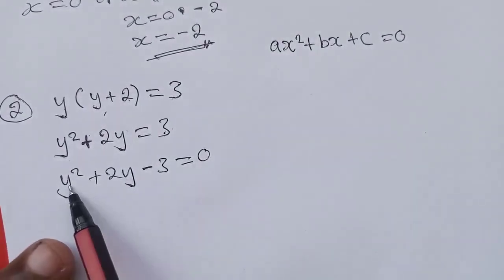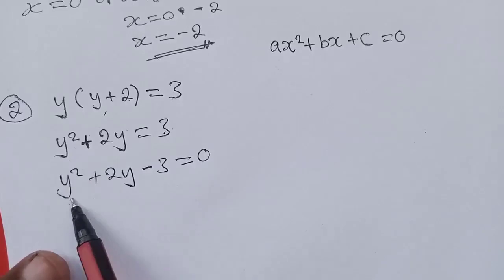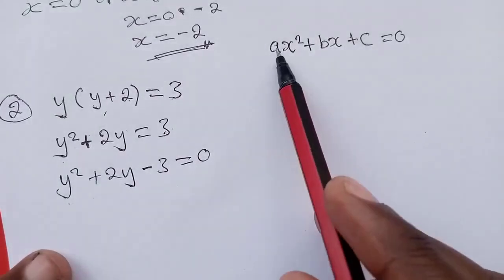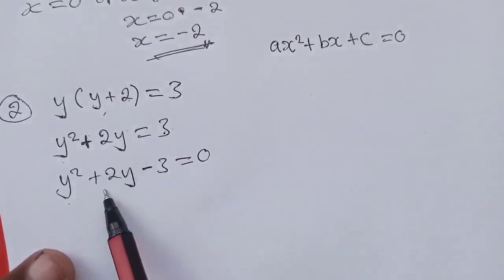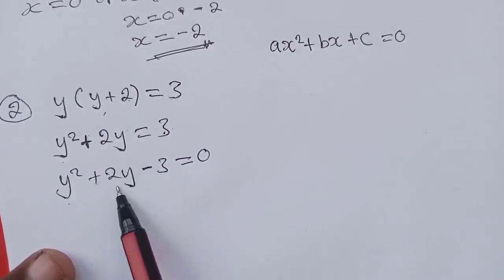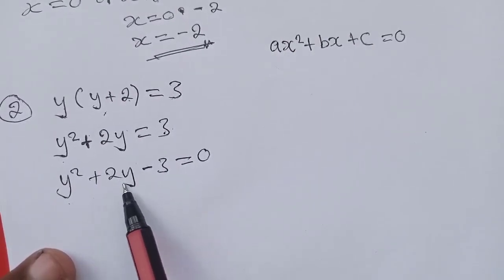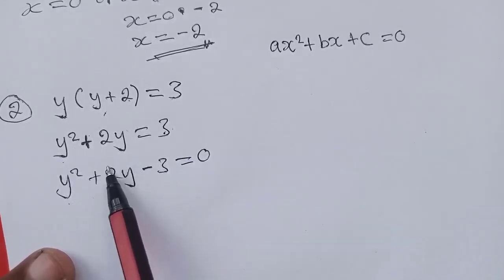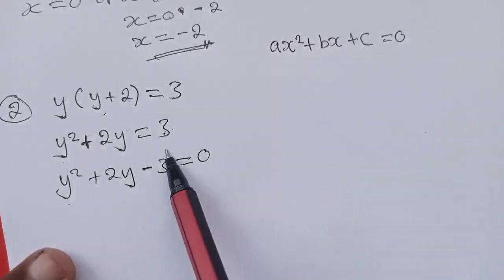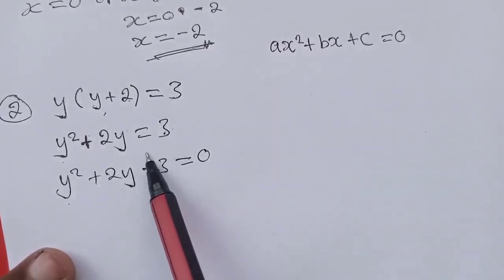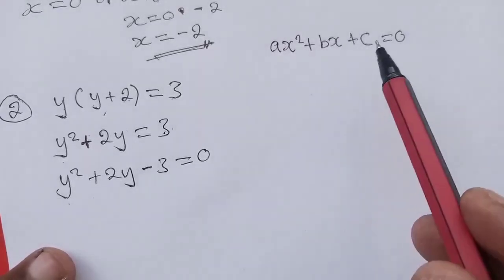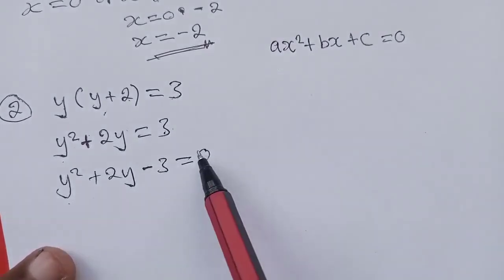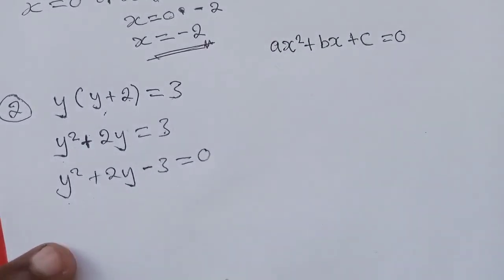You can see y squared, the first one is squared, the second one is not squared, it doesn't matter whether it is z or y or x. Here it is not attached to any letter, then equal to 0. So they are the same.